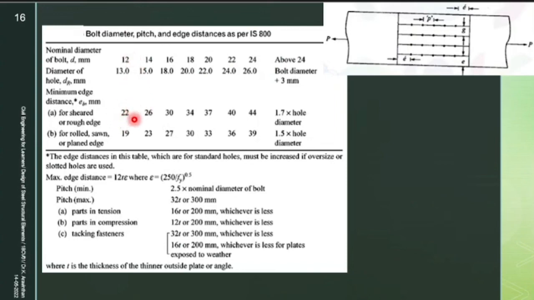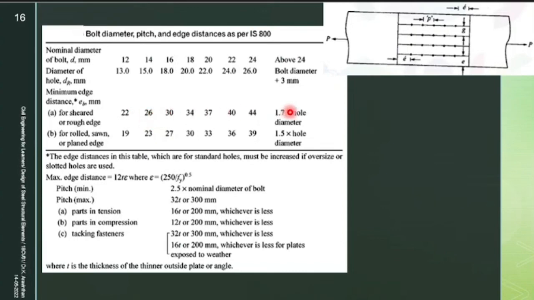They have given it as 22, and the generalized formula is 1.7 times the diameter of the hole. So 12 into 1.7 is how much? See, here the guideline is given as 22, right? 14 into 1.7 will be, so it should be greater than that.